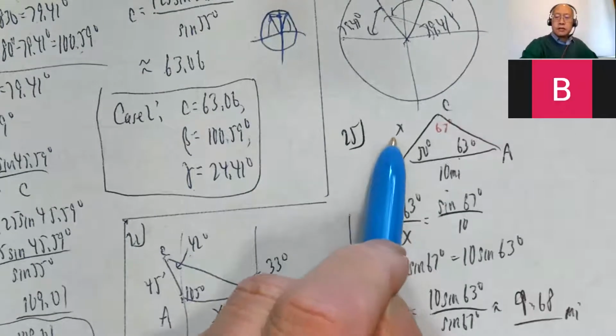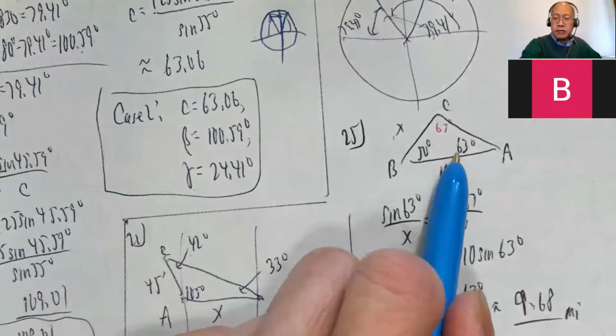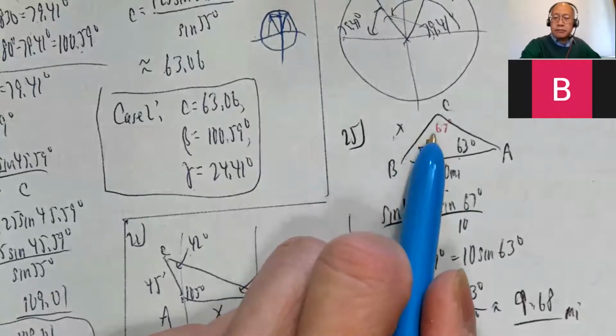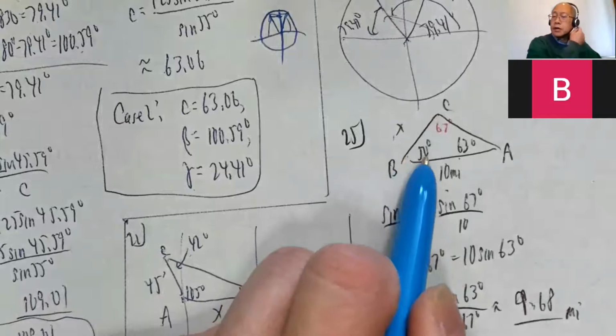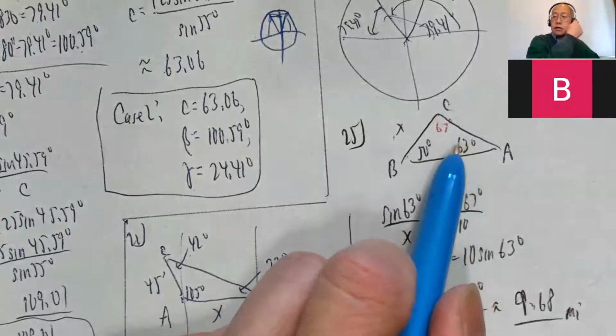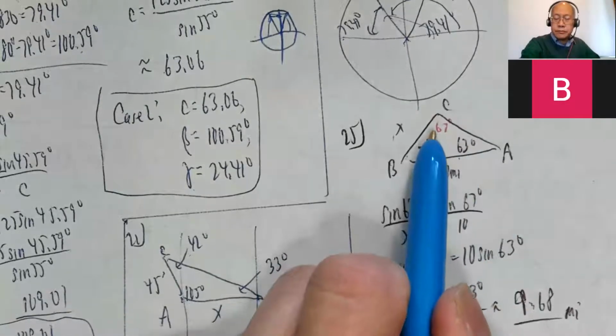So I'm trying to find X. They gave me 50, they gave me 63. I derived 67. Can you see how I got that? All three of these have to add up to 180. So they give me the 50 and the 63 as what, 113? 113 subtracted from 180 is 67.